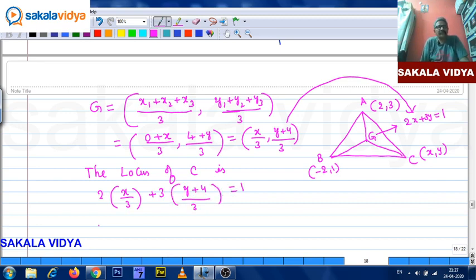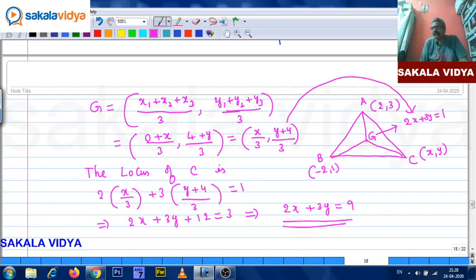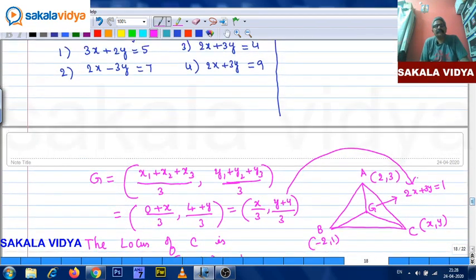Multiply 3 on both sides: 2x plus 3y plus 12 equal to 3. That implies 2x plus 3y equals minus 9. So which is the right option? Fourth option is the right option.